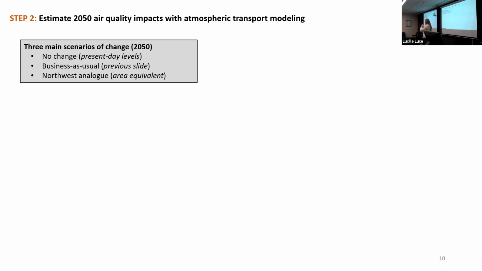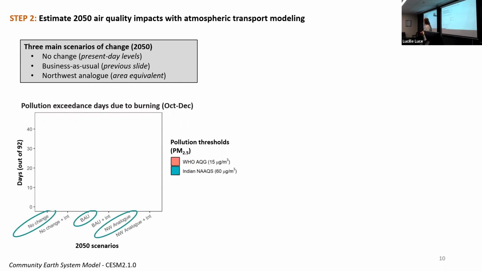The second scenario reflects back to the previous slide, that increase. And then the Northwest analog is where we compare the area of burn to what is happening in the Northwest. So if burning got as bad on an area basis as Punjab and Haryana, what would that mean for air quality? I'll draw your attention to those three circled there, those three main scenarios.